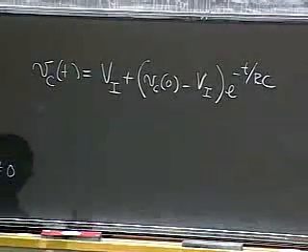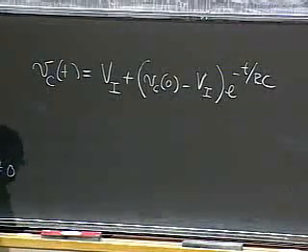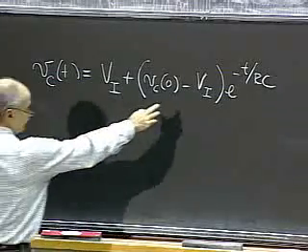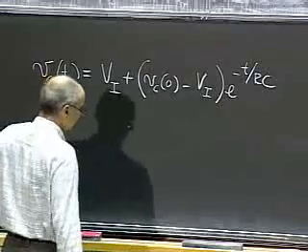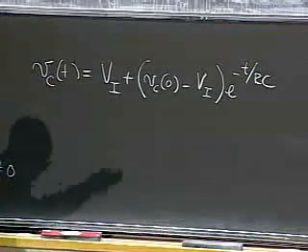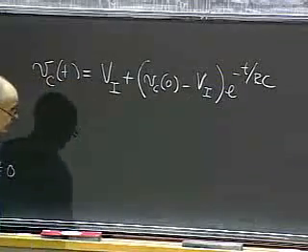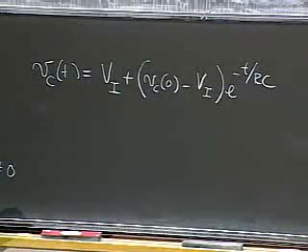Okay, this is our standard equation to which we plug in, and it's either a rising exponential if Vi is larger than Vc, or a decaying exponential if Vi is a smaller value than Vc.